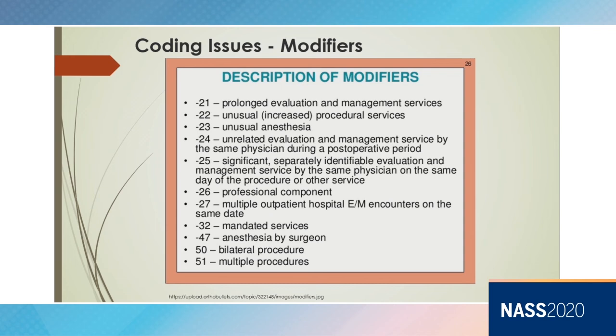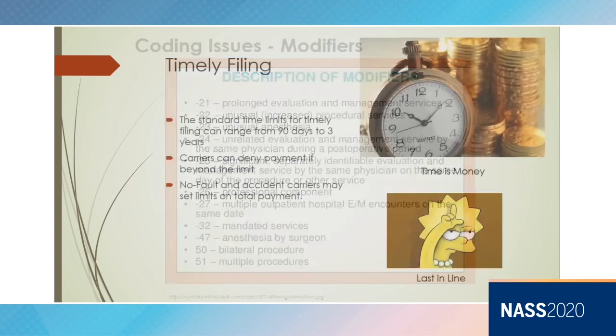It can be used in several scenarios, but whenever you feel that the procedure complexity is beyond what the code is meant for, you may be able to apply a modifier 22. Be prepared that it will likely come to some sort of initial denial and require an appeal, and you'll need to dictate a separate letter, or within your op note, a separate reference as to the justification for the use of modifier 22, Billy.